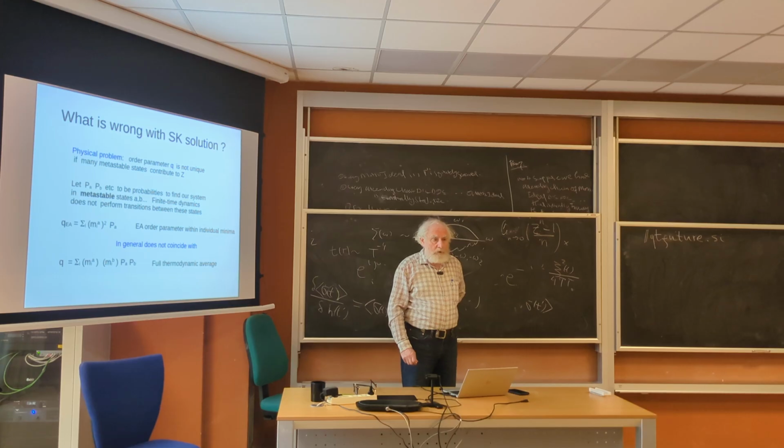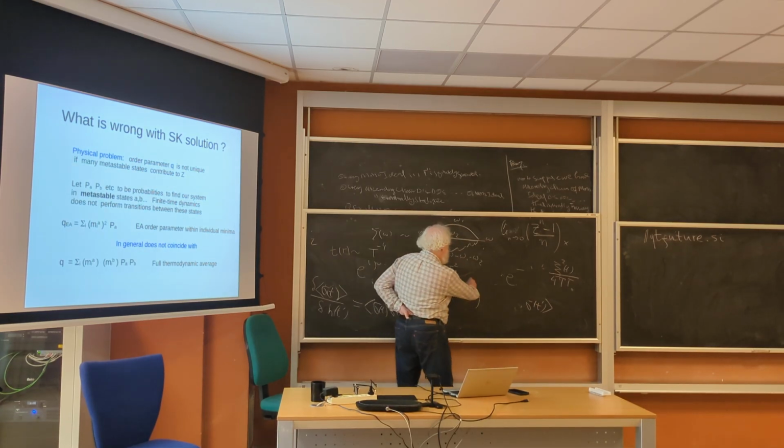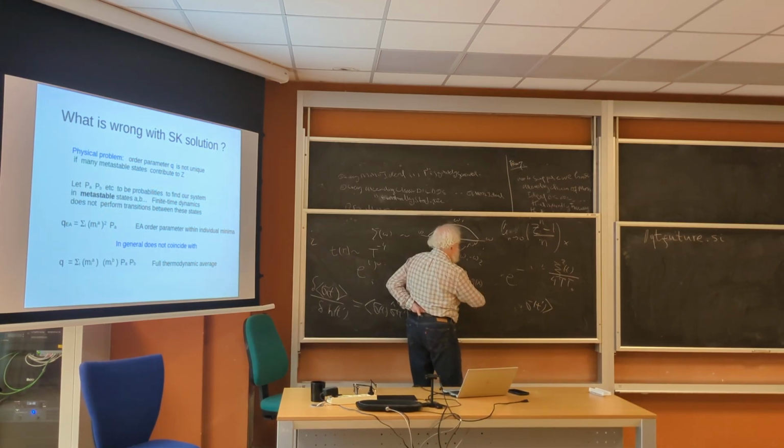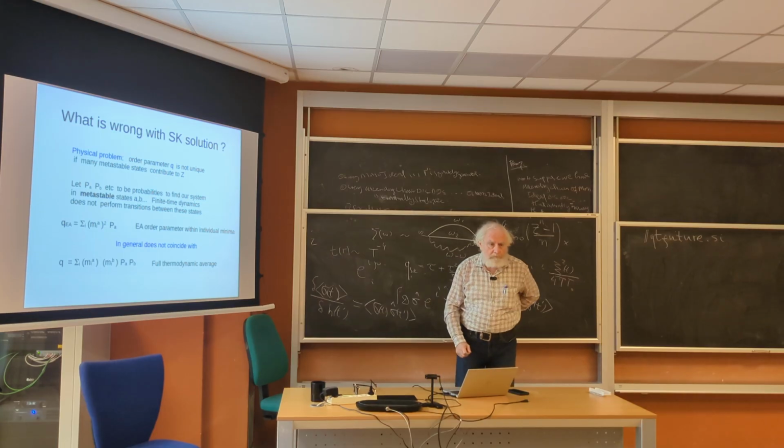And the resolution to this puzzle is that in a spin glass you cannot use order parameter as just a number. What we will see next time is that the correct order parameter, if we work in a replica theory, is not a number but a function. Function like q is a function of some variable x with x defined between 0 and 1.